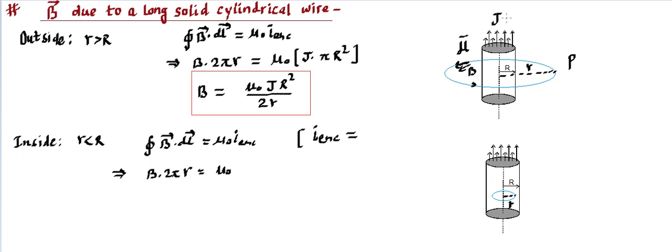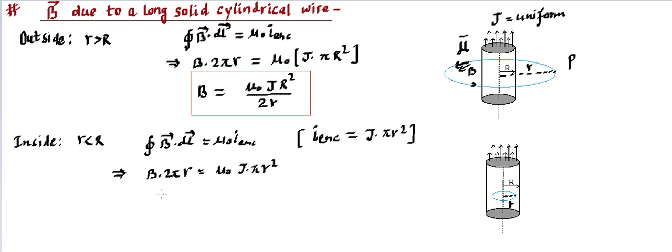We are considering this current density to be uniform. So if it is uniform, current in any enclosed surface is going to be current density into the area, which is going to be pi small r square. So we are going to write it as J into pi small r square.